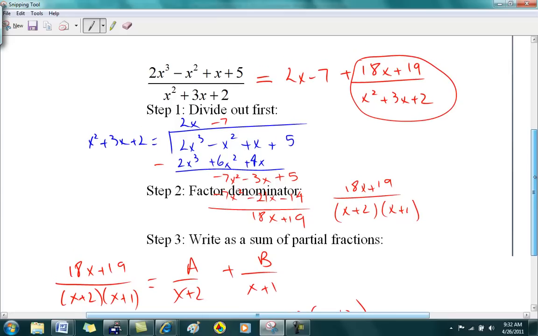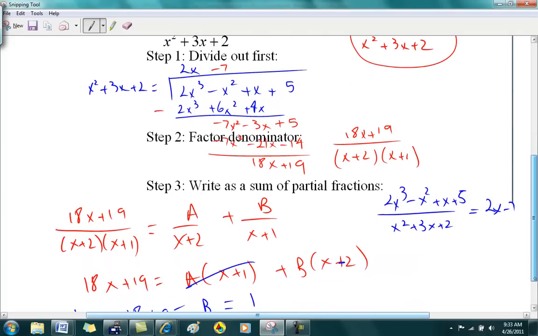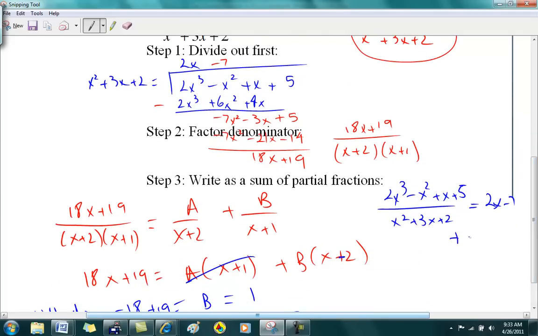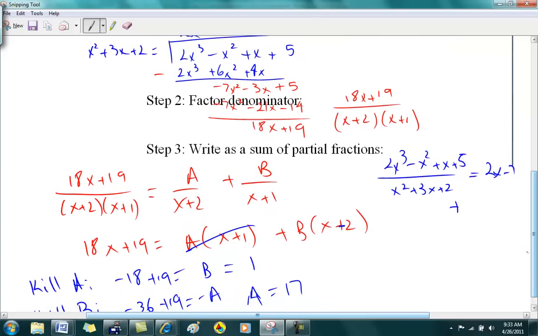Your final answer is going to be 2x cubed minus x squared plus x plus 5 all over x squared plus 3x plus 2 is equal to 2x minus 7 plus 17 over x plus 2 plus 1 over x plus 1, okay?